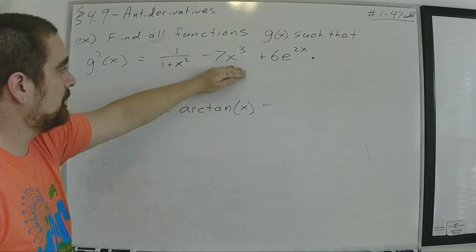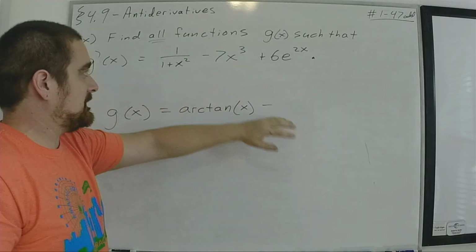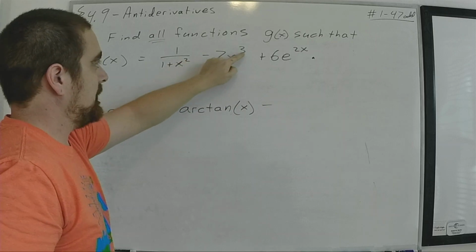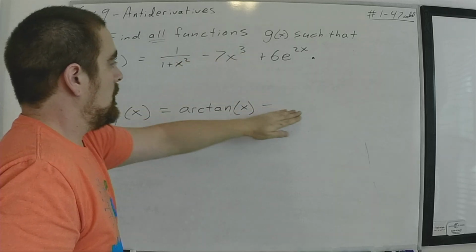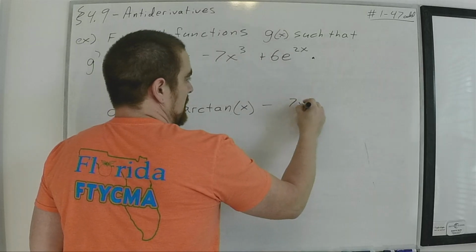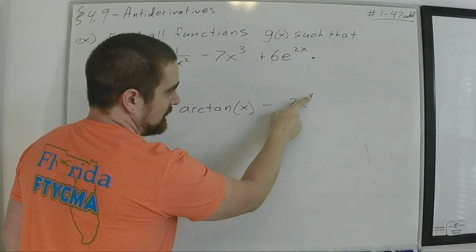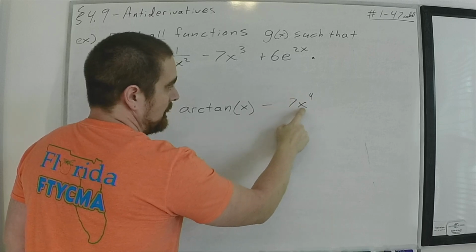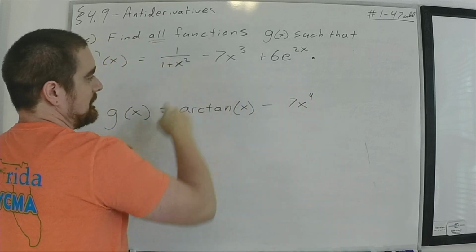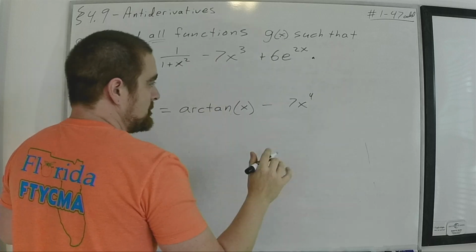Again, next term, I'm looking for a function such that when I differentiate it, I get negative 7x cubed. Well, this must be some 7x to the 4th power, but be careful because when I differentiate this, I get 4 times 7x cubed, and that's 28x cubed with the minus sitting out front, and that's too much.